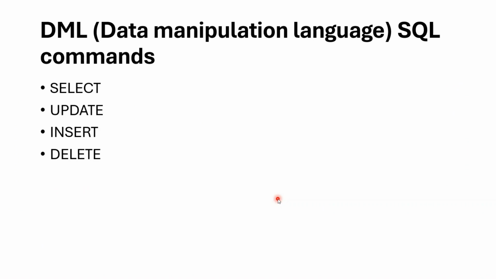So these are data manipulation language statements. These are statements that are used to actually interact with the data contained within the database tables. So the data definition language is used to create and define your database objects, whereas this is used to interact with the data contained in these objects, especially your tables.